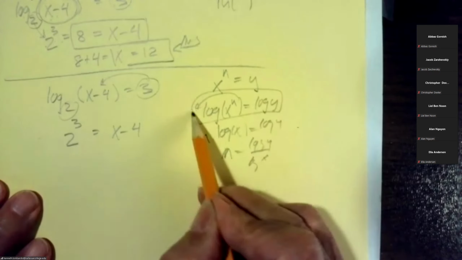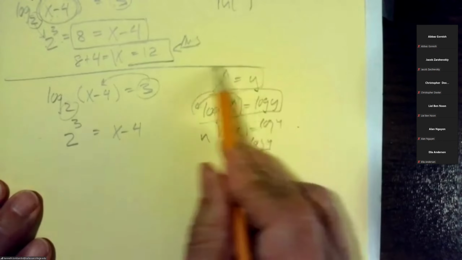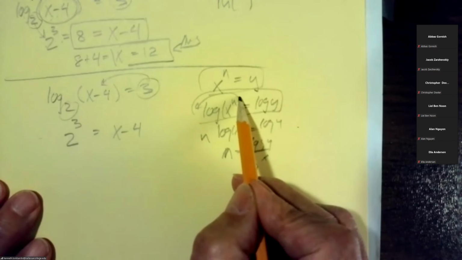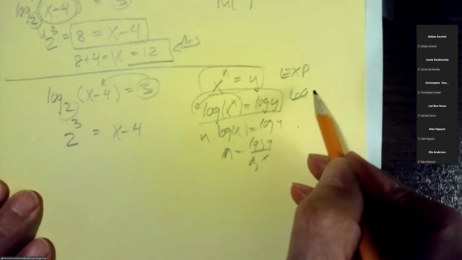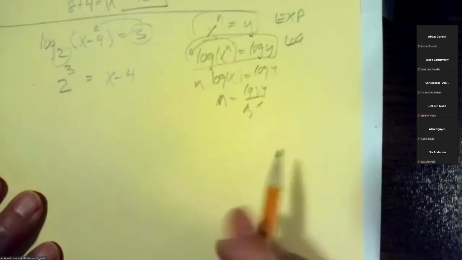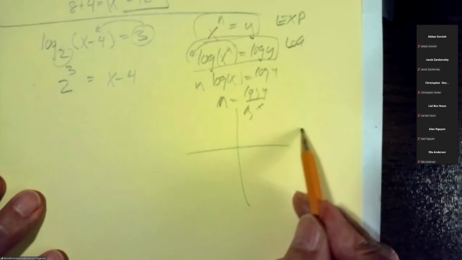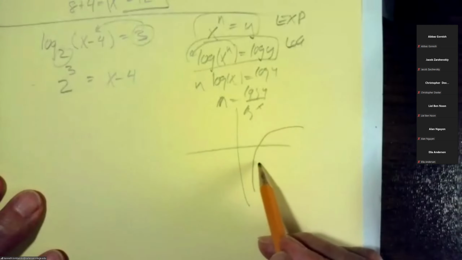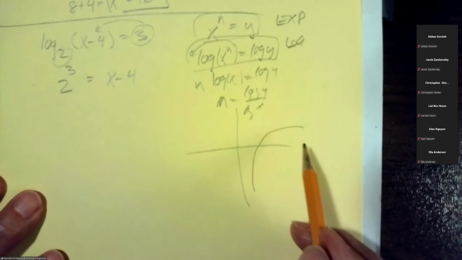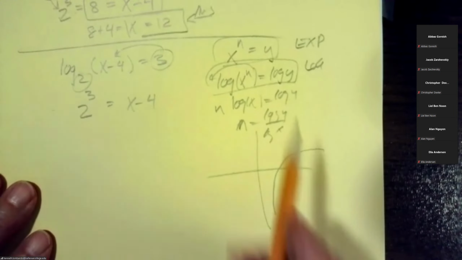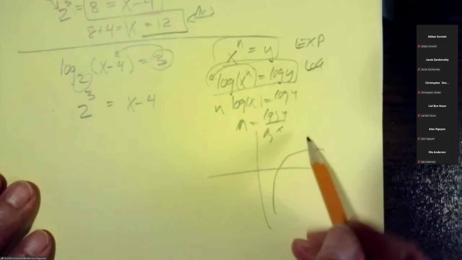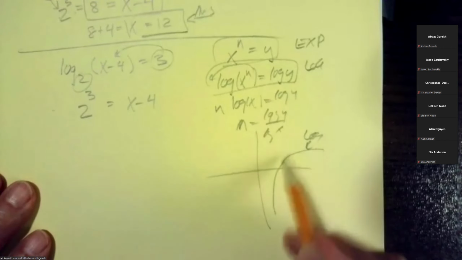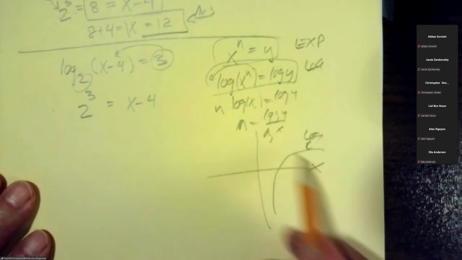So just be comfortable with understanding what a log is and how we go from an exponential form to a log form, and even what those look like. Remember, the log form kind of looked like that. We want to keep in mind not only how we manipulate the function, but what these log functions look like. They don't have negative values, do they?